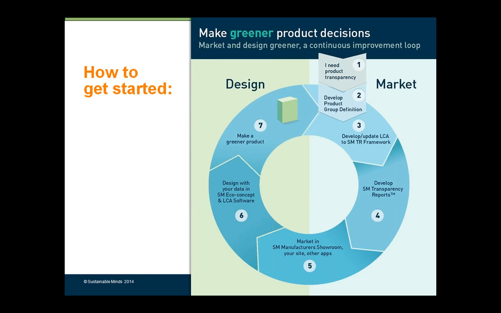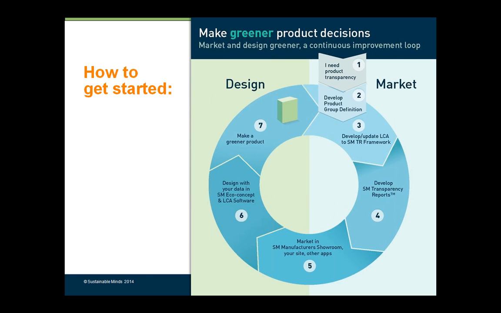Now you start thinking, how can I make my product greener, and how can I do a better job in decreasing the environmental impact? So step 6 is when you move to a more creative process and start applying what-if scenarios, trying to find ways to achieve a greener product design that is feasible both economically and technologically.